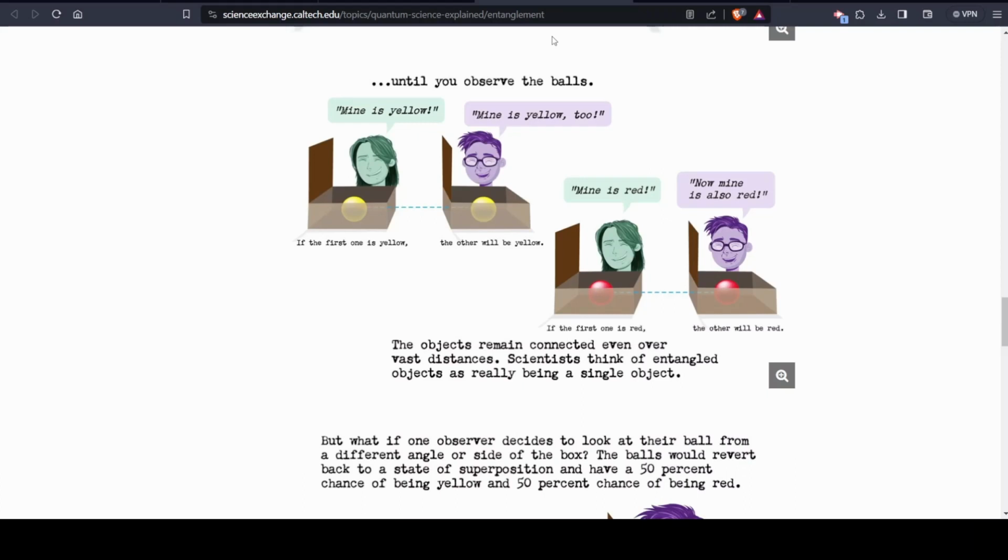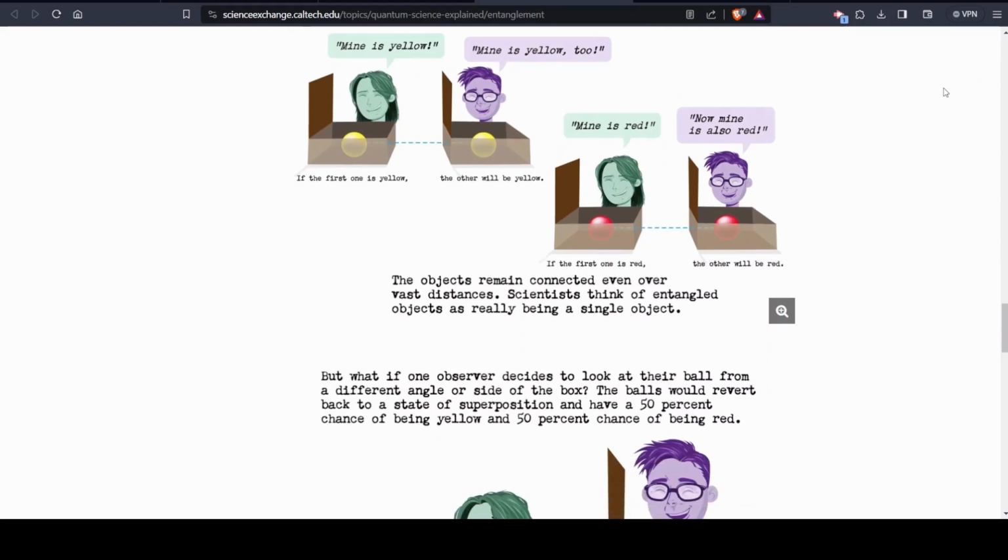So then when you measure the state of that second particle, it might not necessarily be the same as the first one because you've got a different angle to view it. And it's a very weird abstract concept. And like I said, this website over at scienceexchange.caltech.edu has a pretty good description about it.